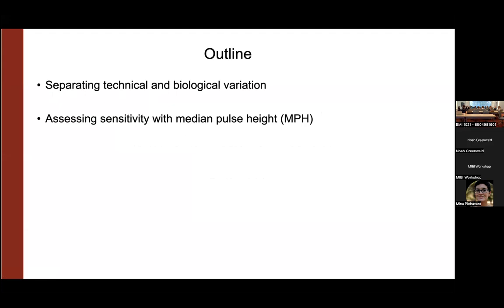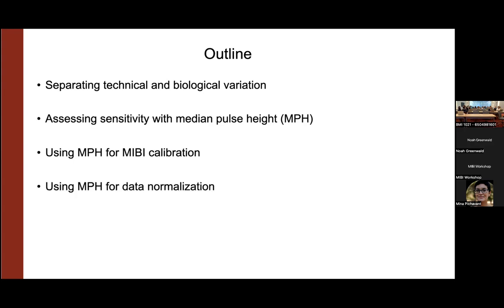I'll talk about the metric that we have put together called median pulse height, that we think does a really good job of specifically isolating the technical variation on the MIBI instrument. Then I'll talk about how we use MPH for calibrating the instrument, meaning performing the detector sweep, and how we can use MPH for normalizing our data after it's already been acquired.